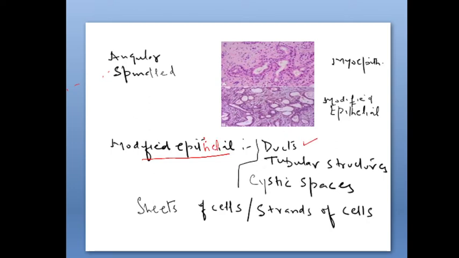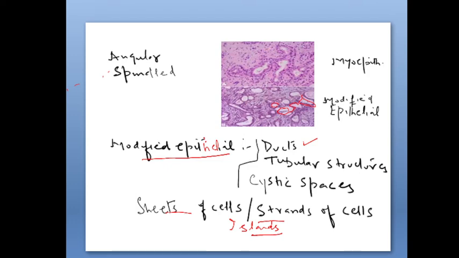These empty structures are tubular structures or cyst-like areas. All these are cystic, tubular, or trabecular areas, and these areas are surrounded by cells which are cuboidal mostly, or they can be in the form of sheets or strands of cells or islands of cells.